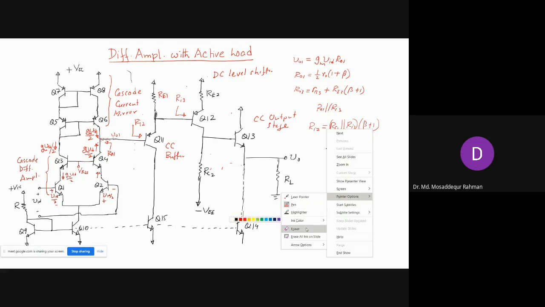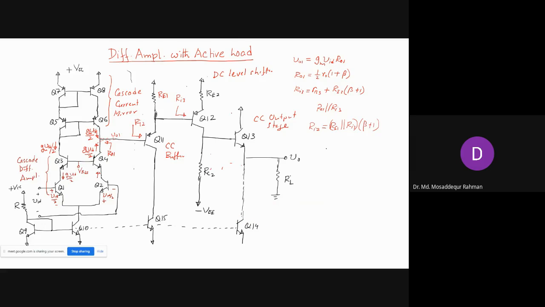So that is our simple op-amp, based on our knowledge that we have learned so far. The op-amp circuit here has two inputs, right? One is our V1, the other is V2.